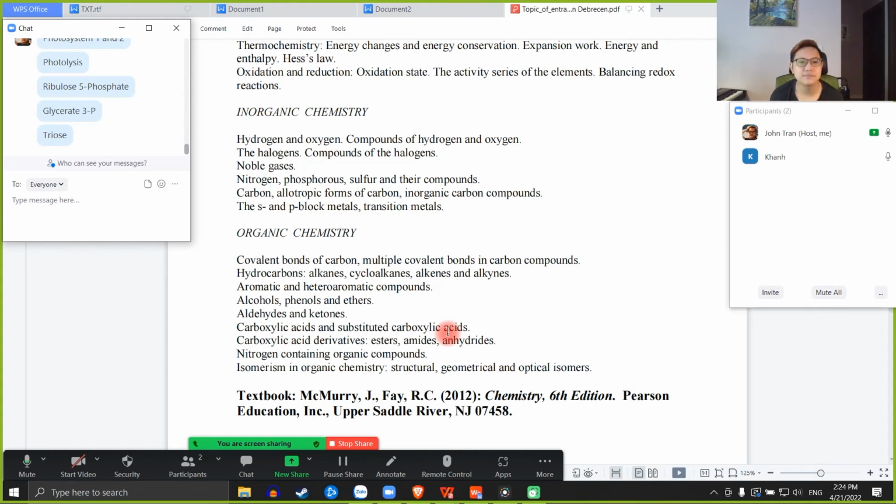So, organic chemistry. Can you describe the covalent bonds of carbons, multiple covalent bonds in carbon compounds, like how they are formed?